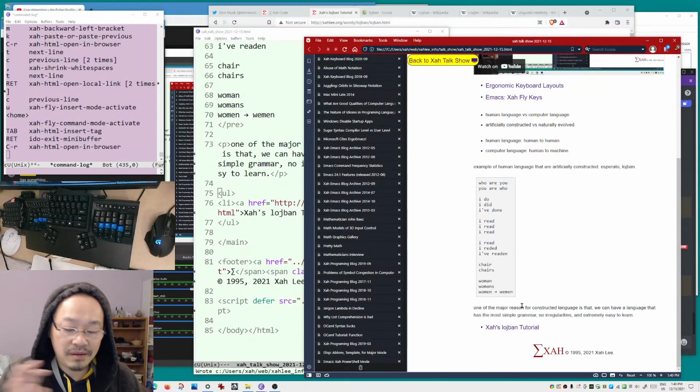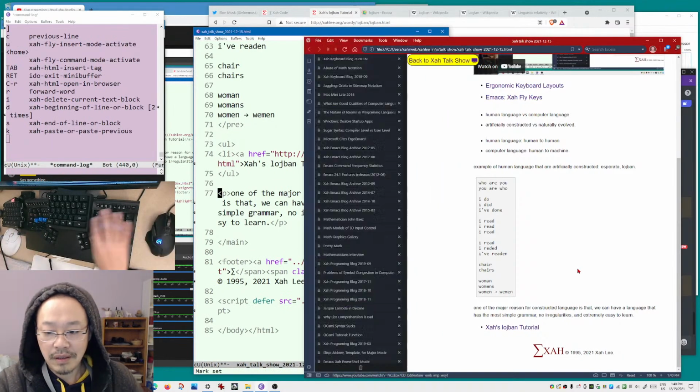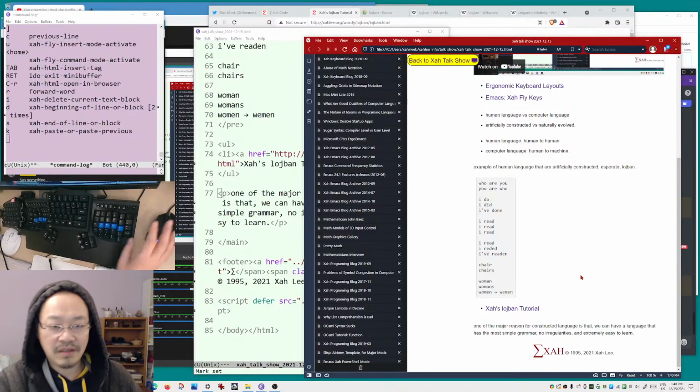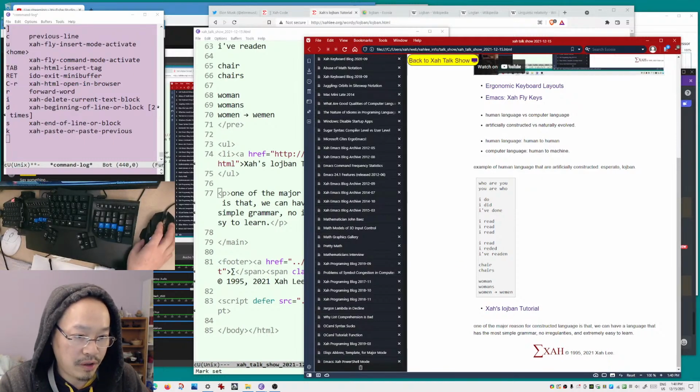Okay, that's one of the major reasons for constructed languages. There are other reasons. For example, another reason is neutrality in cultural bias. English is our language, right?